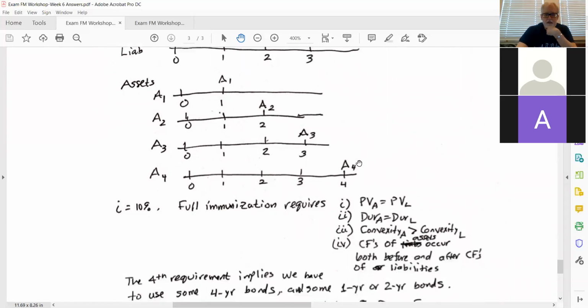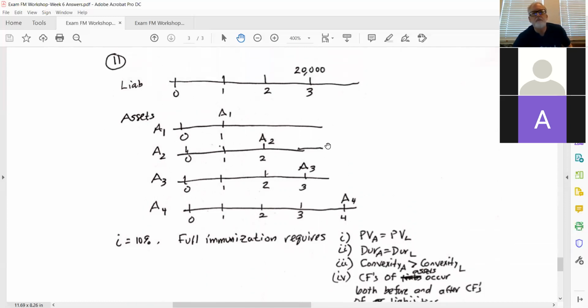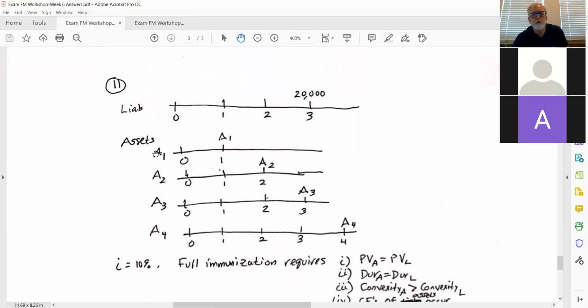All right, and it says, determine the combination of zero coupon bonds that has the lowest sum of par amount. So the answers are 1 and 2. So the first answer is use these 2 bonds.